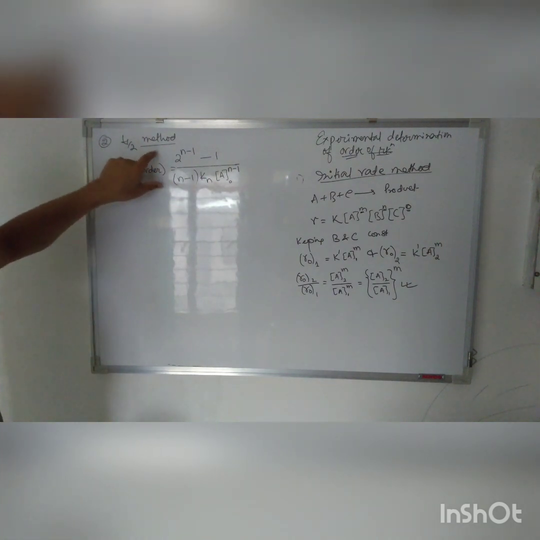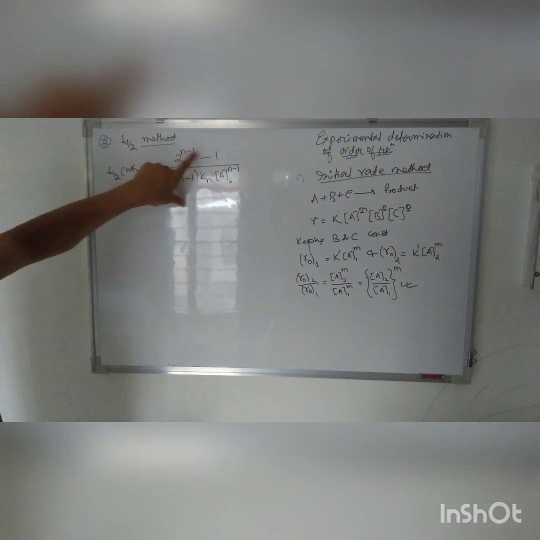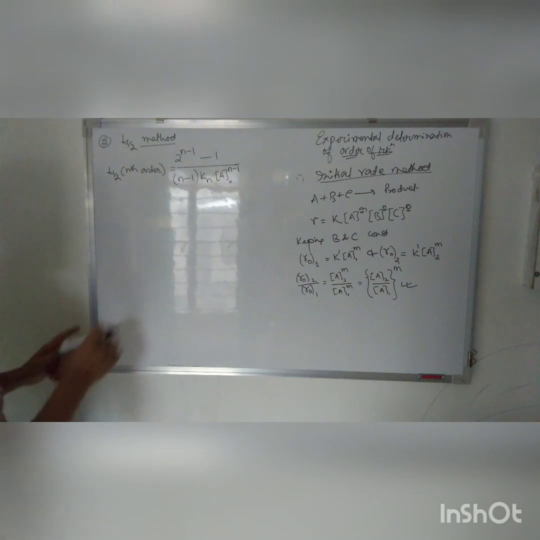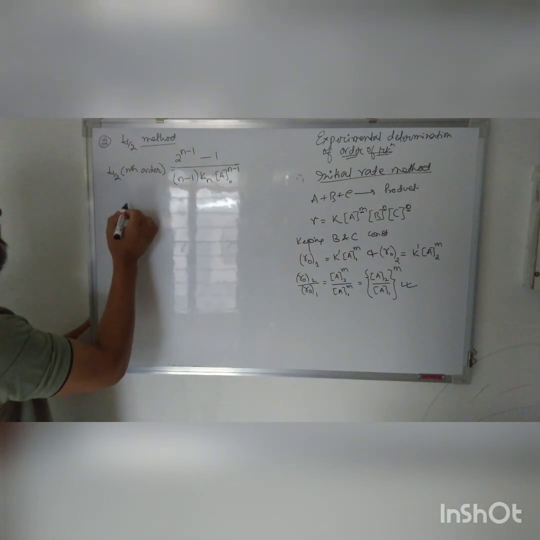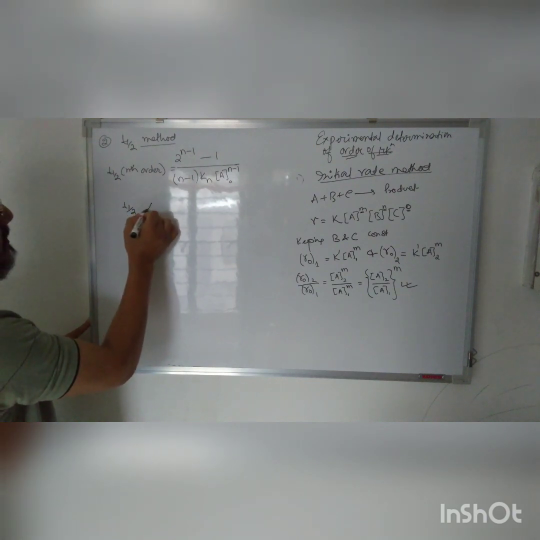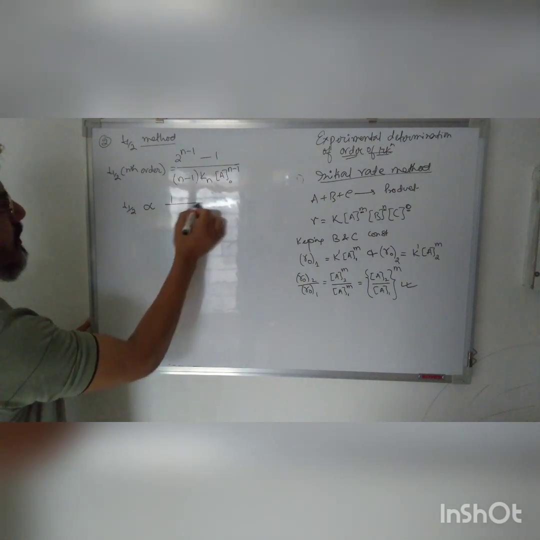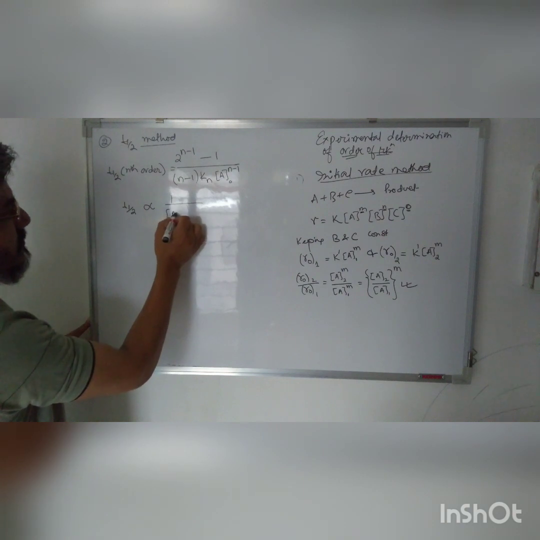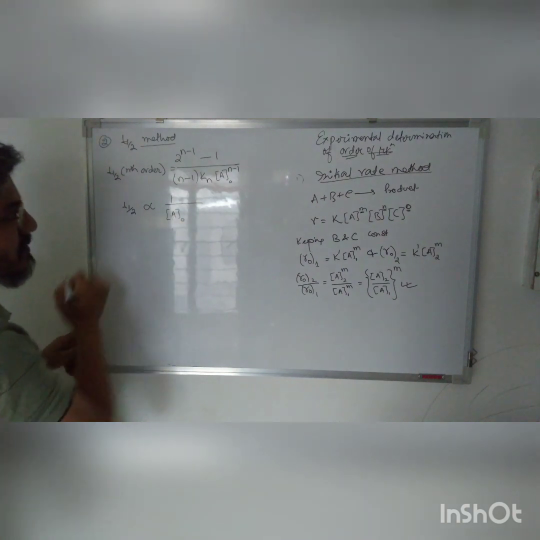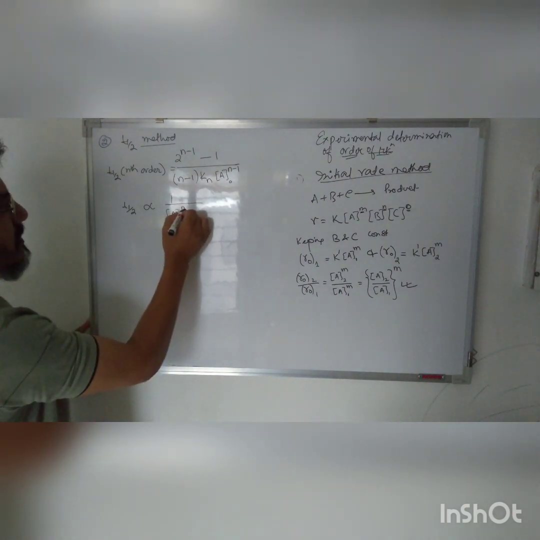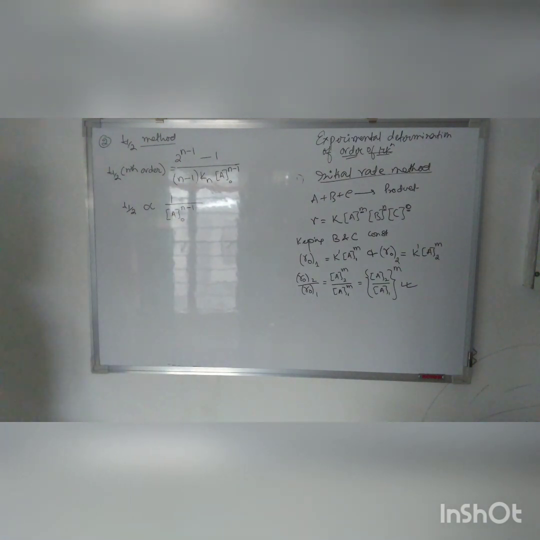This equation is not valid for n equals to 1. That means we can say t half of nth order reaction is proportional to 1 by concentration of the initial reactant raised to the power n minus 1.